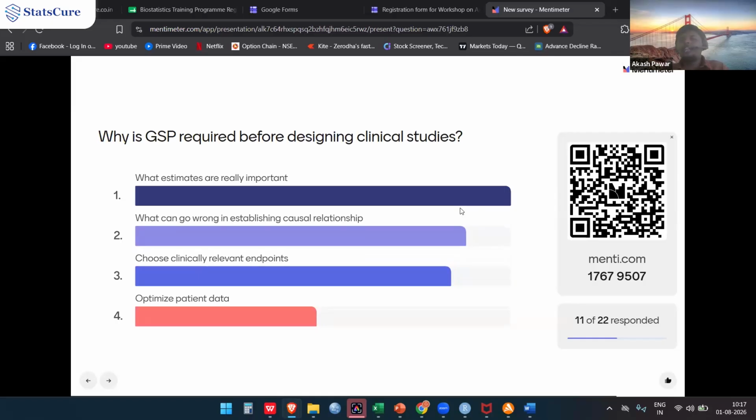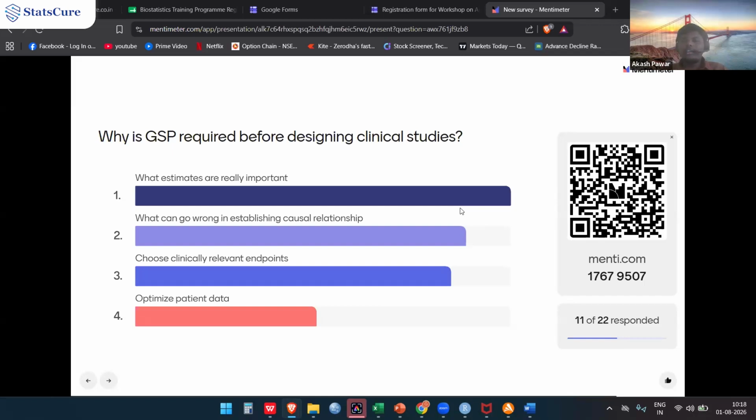Why is GSP required before designing clinical studies? Good statistical practice: why should one have a good statistical understanding before designing a clinical study? One is to estimate what estimates are really important, to understand what can go wrong in establishing the causal relationship, to choose clinically relevant endpoints and to optimize patient data.